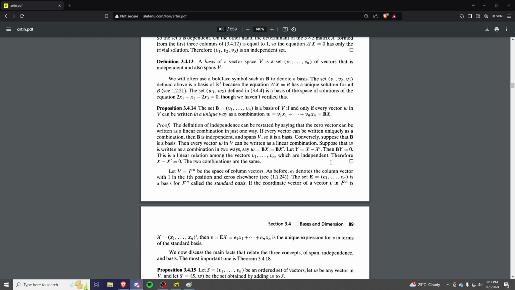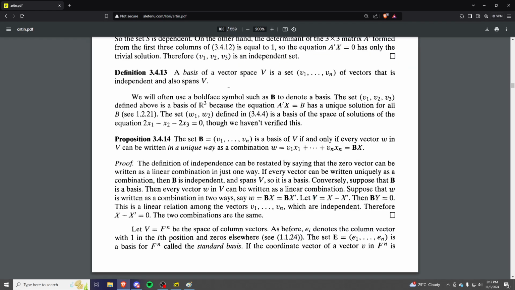Can you guys see this? Yeah, you see the book? Okay, this is Artin. This is the proposition that a set B is a basis for V if and only if every vector W in V can be written in a unique way.